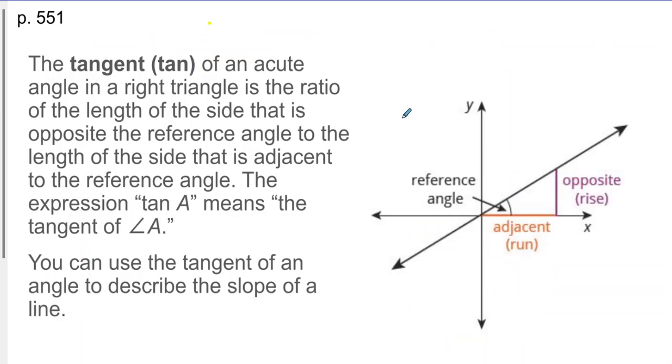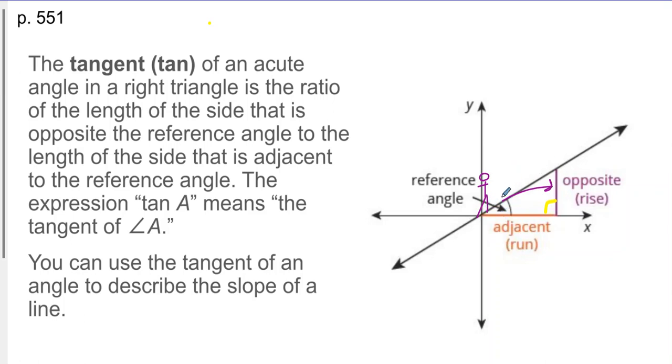So the tangent of an acute angle in a right triangle, so here's my acute angle, right triangle, is the ratio of the length of the side that is opposite the reference angle. So if this is where I'm standing, this is the opposite side. This is the adjacent side. I can touch it.